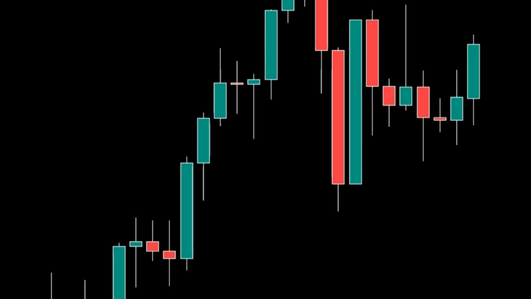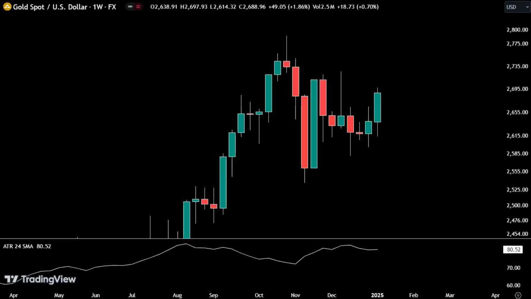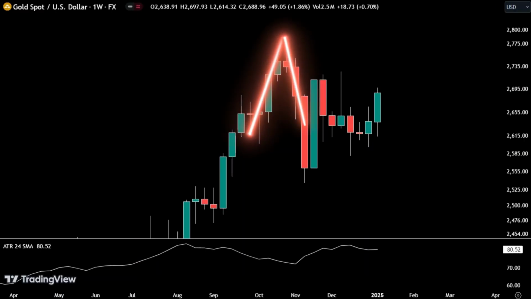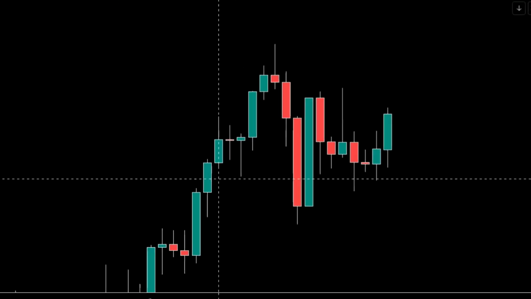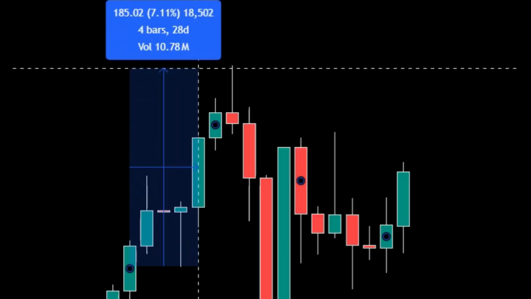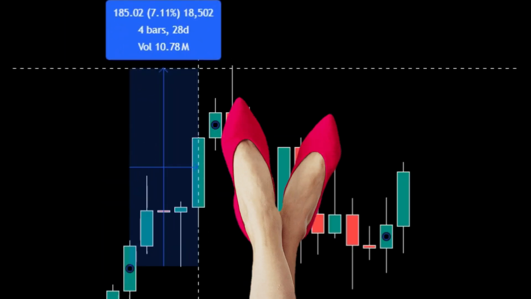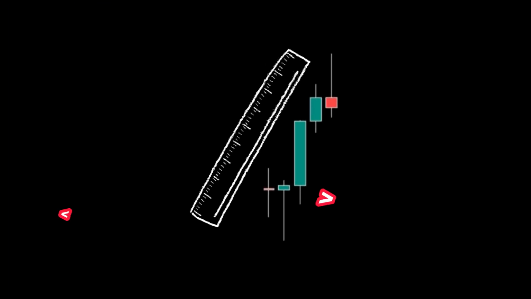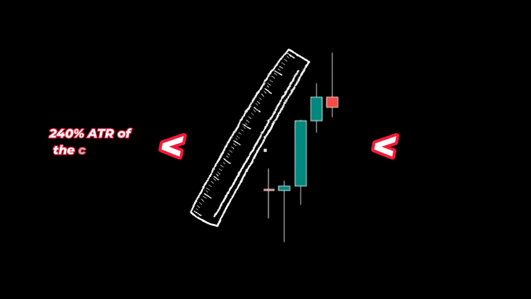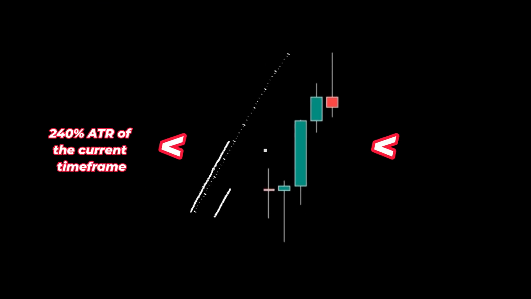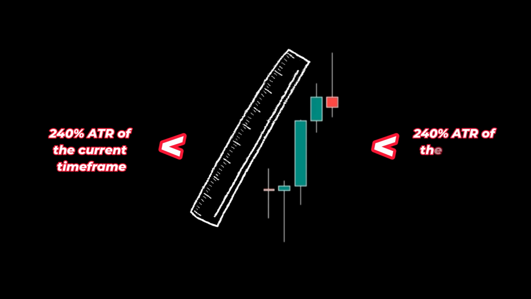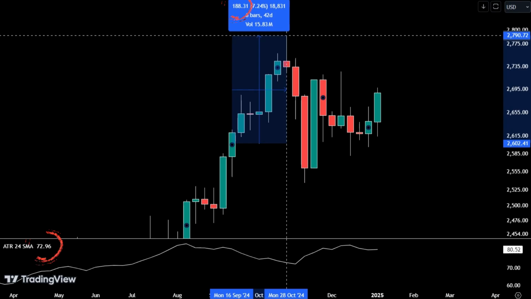Profit! Look at the gold chart. To trade this reversal that changed the trend from bullish to bearish, we first need to identify the corresponding leg. We said that our leg should be between 240% ATR of the current time frame and 240% ATR of the higher time frame to be considered a valid leg for this time frame.